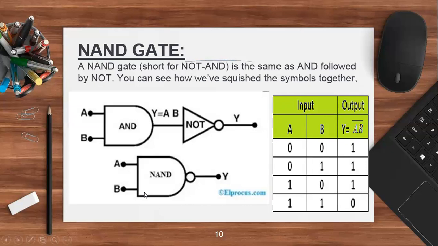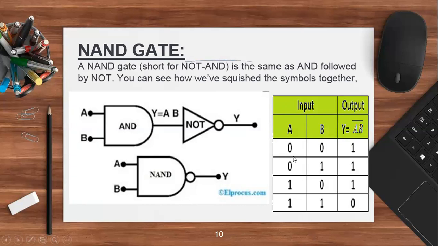This is the symbol of the AND gate, A and B inputs and Y is output. Then the NOT gate is connected in front of the AND gate, and this inverts the output of the AND gate. The final symbol of the NAND gate is the AND gate symbol along with this small circle which shows the NOT gate.